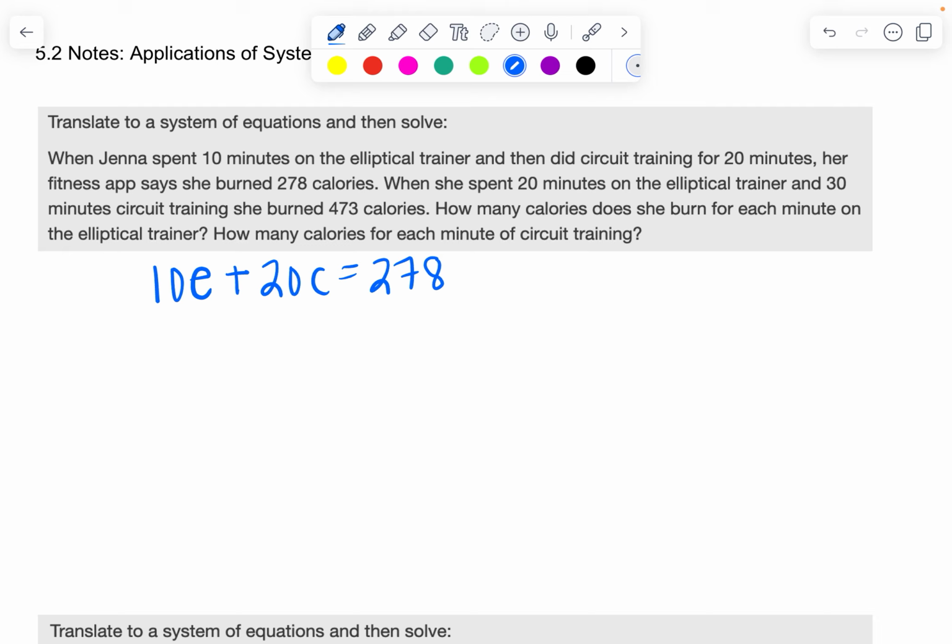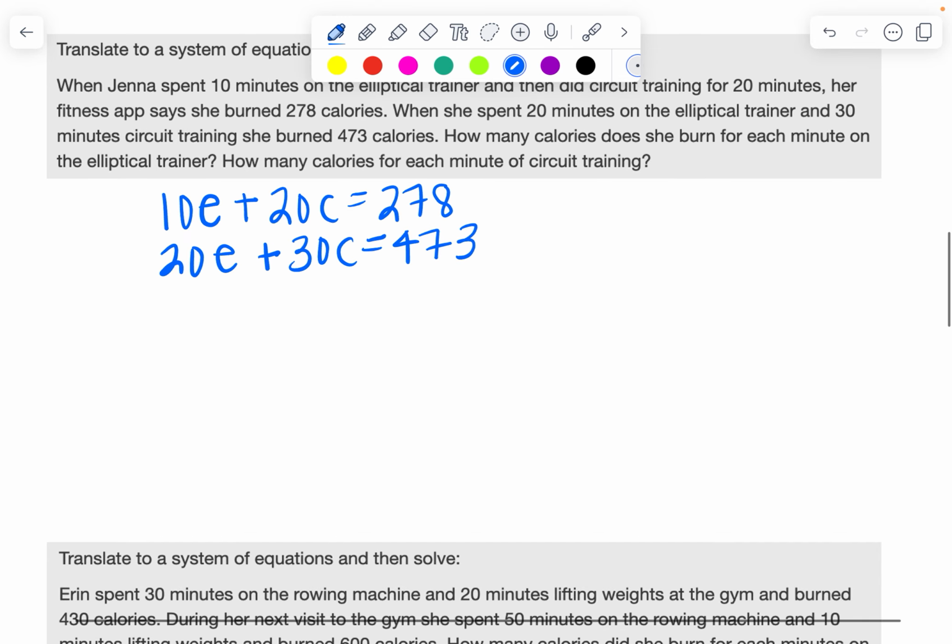When she spent 20 minutes on the elliptical and 30 minutes on circuit training, she burned 473 calories. So 20 minutes on the elliptical plus 30 minutes circuit training, she burned 473 calories. How many calories did she burn for each minute on the elliptical trainer and each minute on the circuit training?